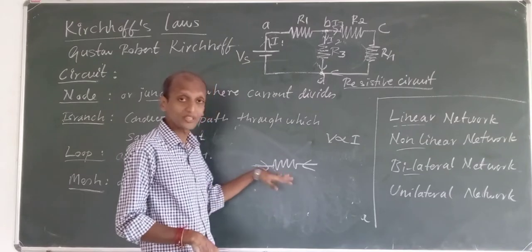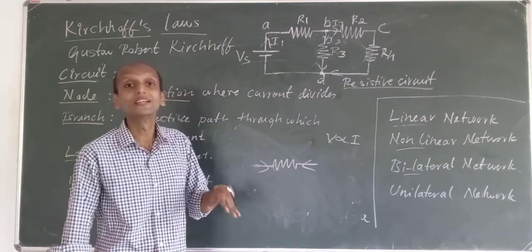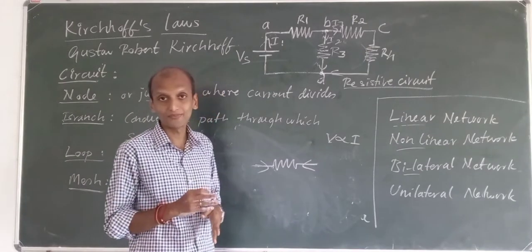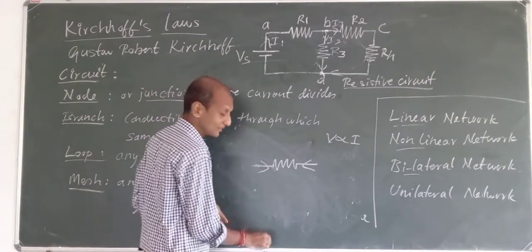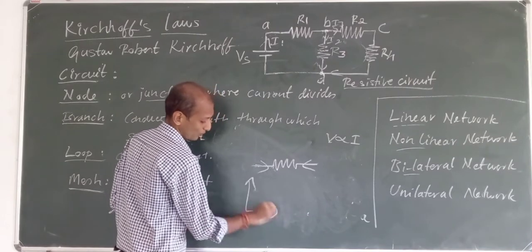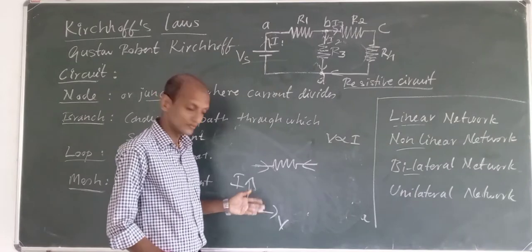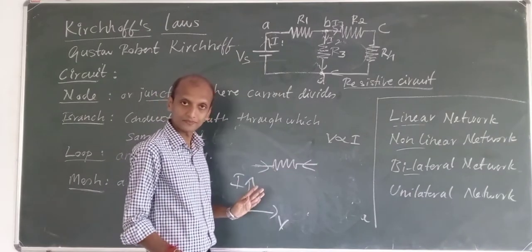When I consider both directions, a bilateral network is a network wherein the voltage and current relations are the same in both directions.